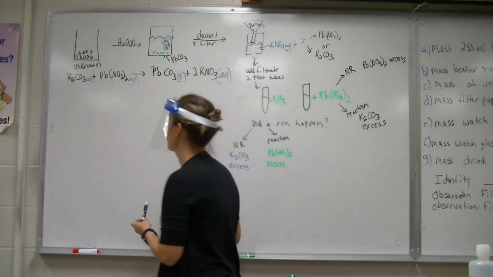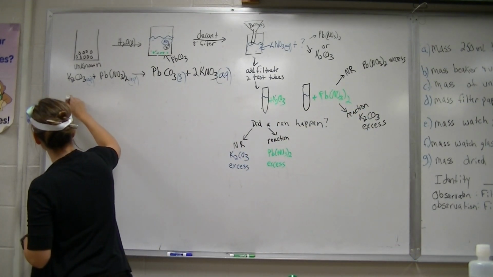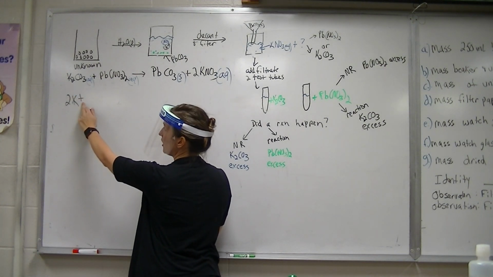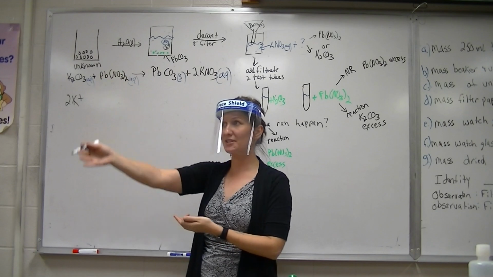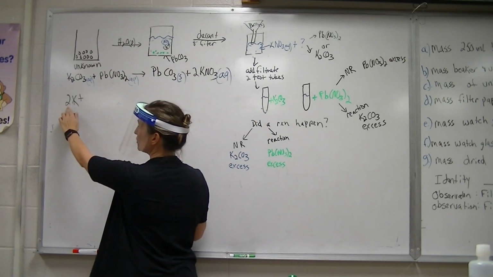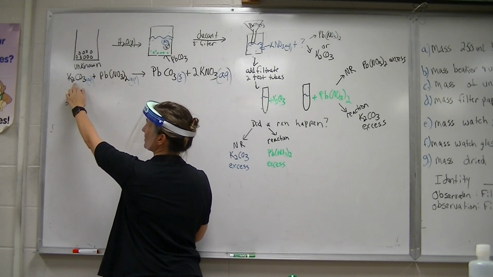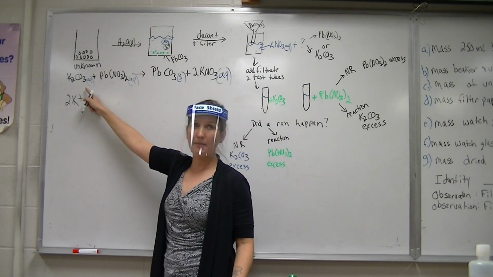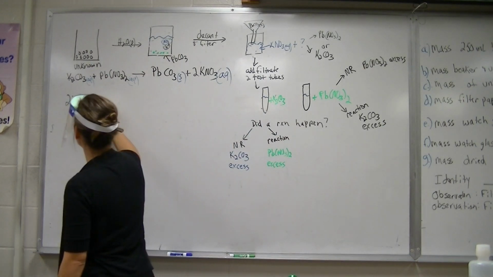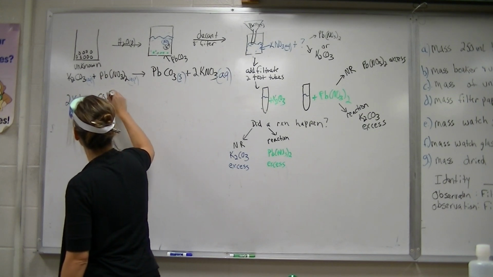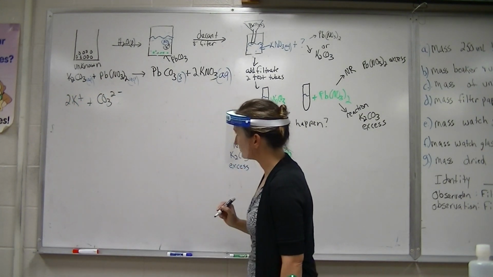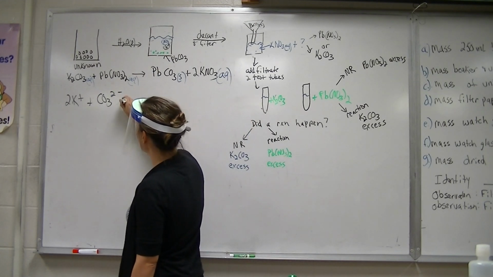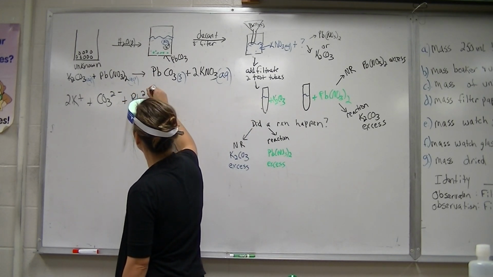That makes sense. So, for instance, potassium is a +1 charge. You can figure that out from the periodic table. It's an alkali metal. There are 2 of them. I know that because of that subscript of 2 after it. For the CO3, that's a polyatomic, so I'm going to leave that together. That's carbonate. So it's CO3 2-. And then since lead-2 nitrate is aqueous, I'm going to split that up into its ions as well.